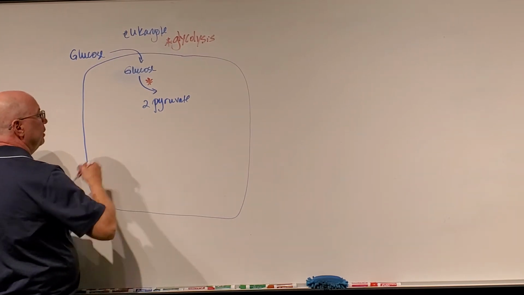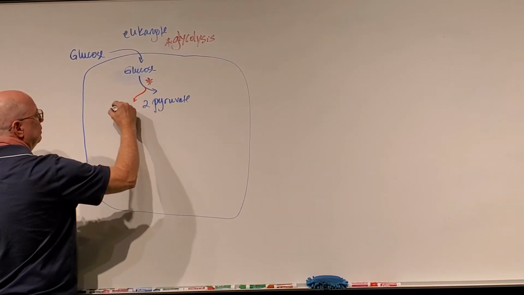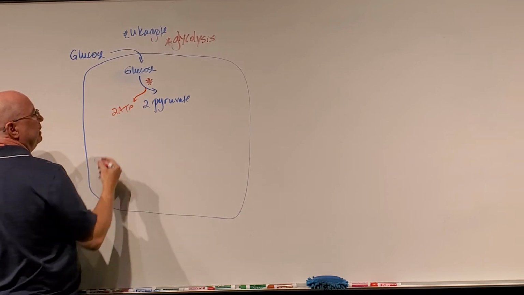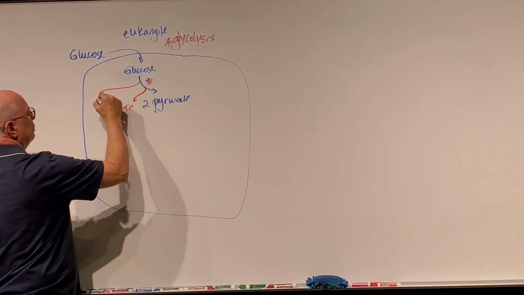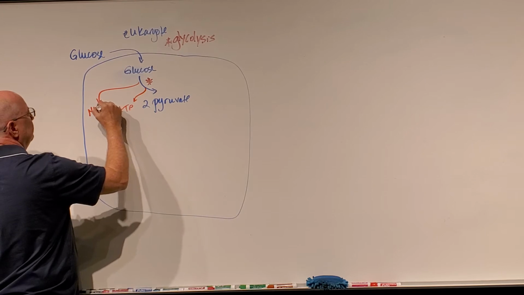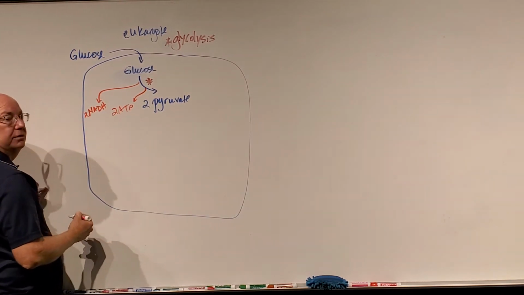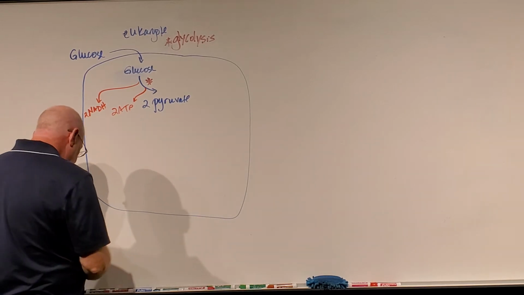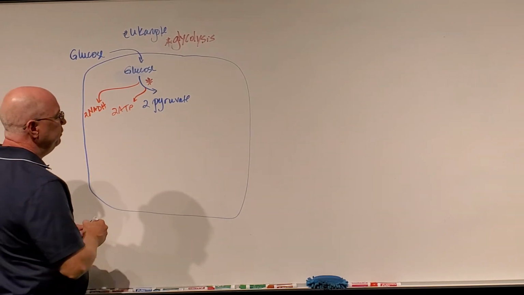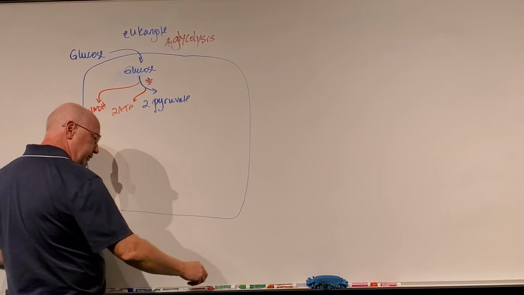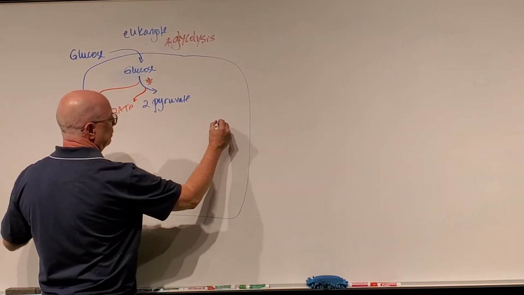I'm going to get 2 molecules of ATP as a net gain, and I'm going to get some electron carriers called NADH, 2 of those. Now, what happens to the pyruvate is it's going to enter the mitochondrion.